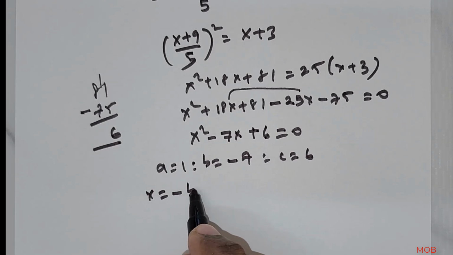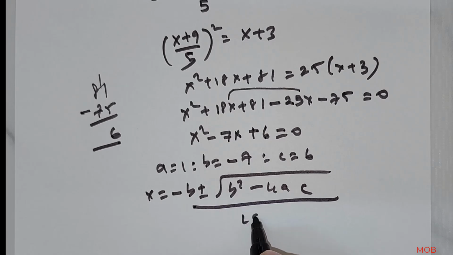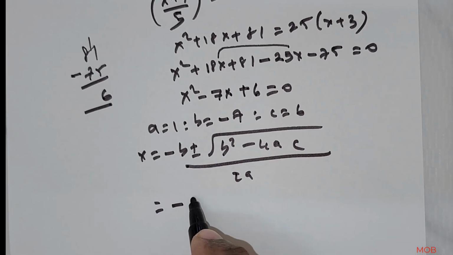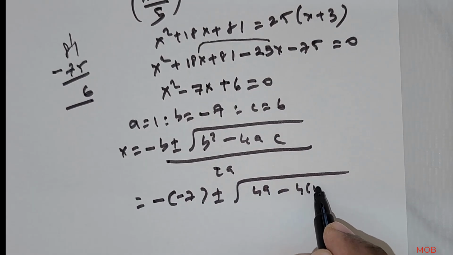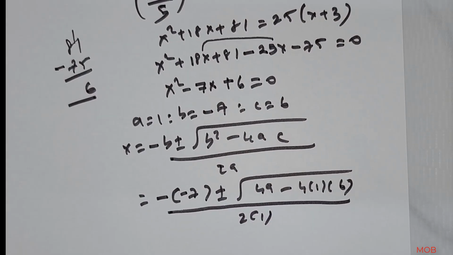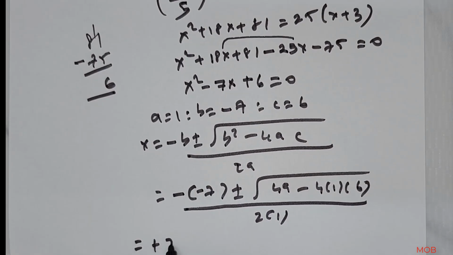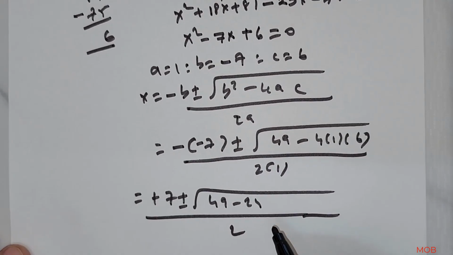So x is equal to negative b plus or minus the root of b² - 4ac, divided by 2a, which is 7 plus or minus the root of 49 - 4 times 1 times 6, divided by 2 times 1. So 7 plus or minus the root of 49 minus 24, divided by 2.